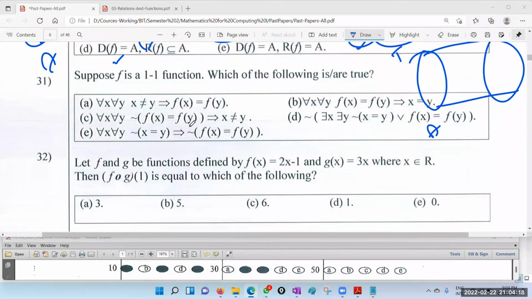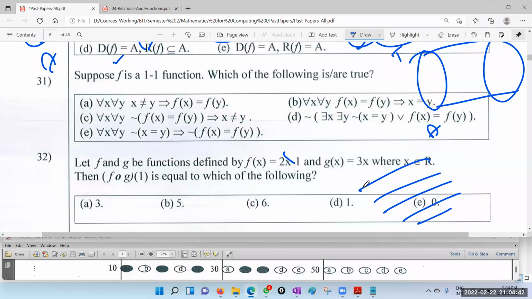Right. 31. Suppose f is a one-to-one function. Which of the following is or are true? For all x, all y, when x is not equal to y, fx is equal to fy. Okay, one-to-one. One-to-one means it goes like this, right?